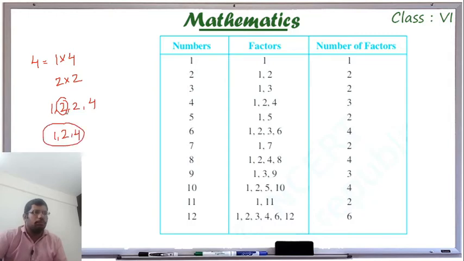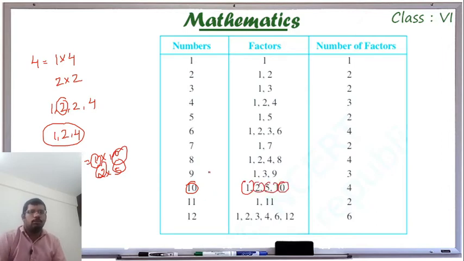No need to repeat this 2. So here are the factors of numbers from 1 to 12. For example, 10: I have 1 into 10, 2 into 5. So the factors are 1, 2, 5 and 10.